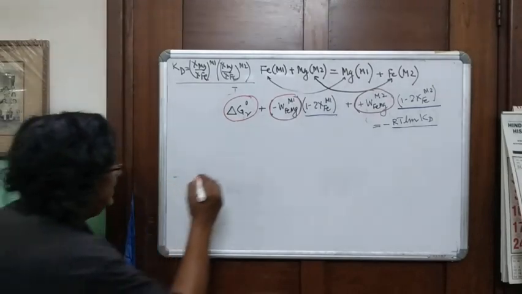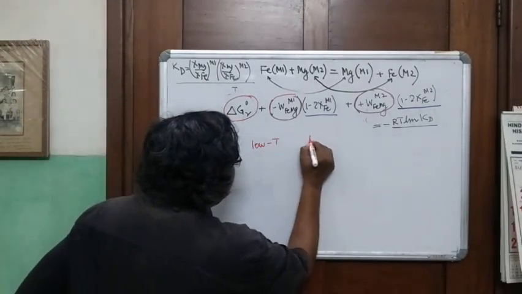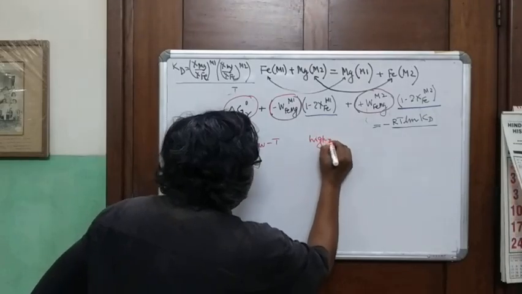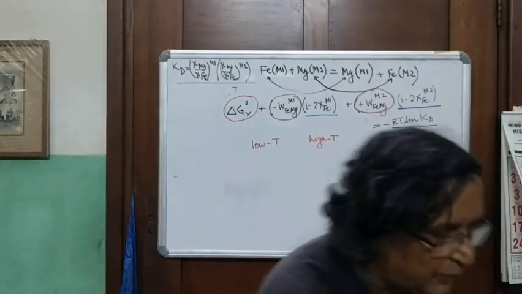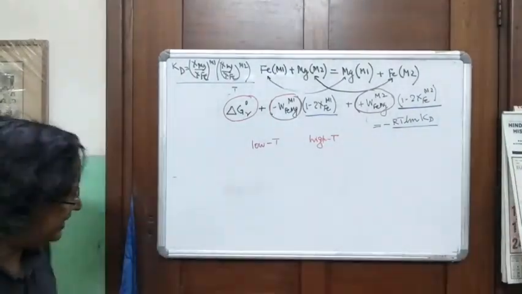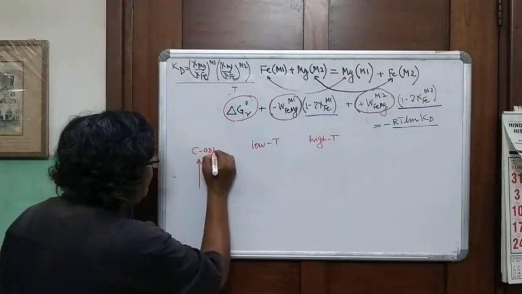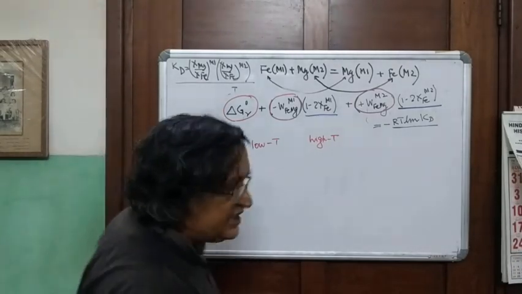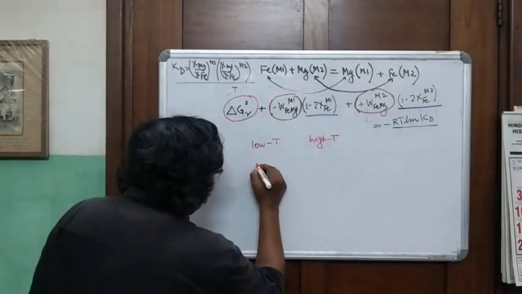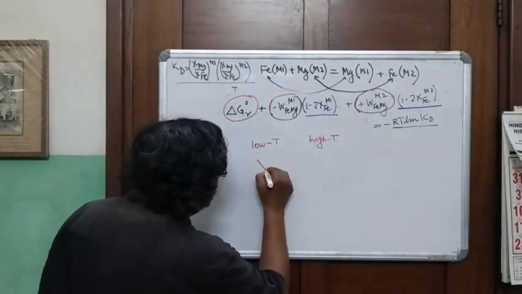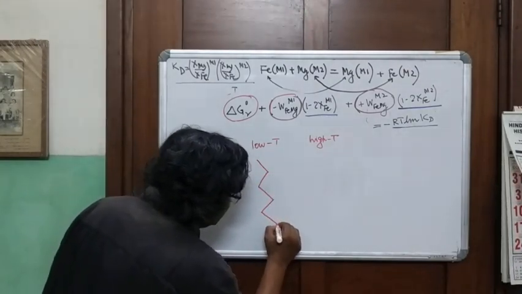Now what happens if we take a situation of low temperature and high temperature? As I tell you, you should read it from the book because it's difficult for me to draw this complex chain. And this is called the C-axis of pyroxenes. So what happens at low temperature, the C-axis is not actually a straight line.